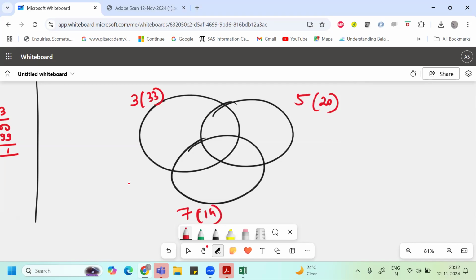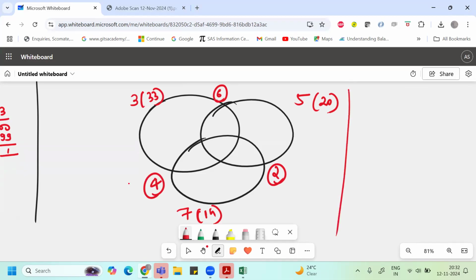The common elements between 3 and 5 would be 6 elements, between 5 and 7 only two elements, 35 and 70, and between 3 and 7 four elements, the 21 table: 21, 42, 63, 84. And I hope this much is understood.